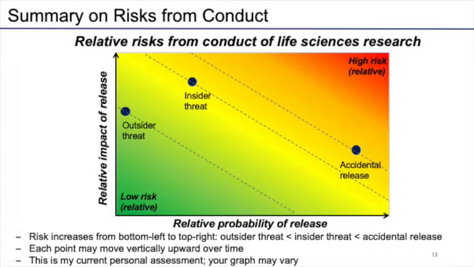So currently I'm thinking accidental releases might be highest, followed by insider threat, followed by outsider threat. And over time, of course, this is just a current snapshot, but over time you might expect each of these dots to move up and perhaps stay relatively constant along the horizontal axis. So again, very subjective, but that's my current assessment right now.